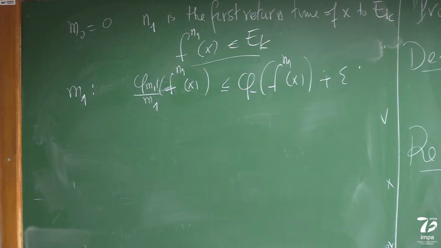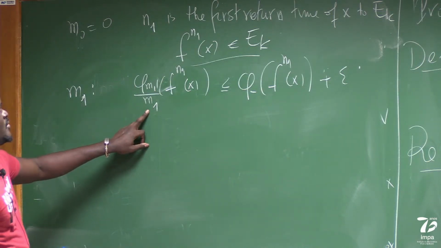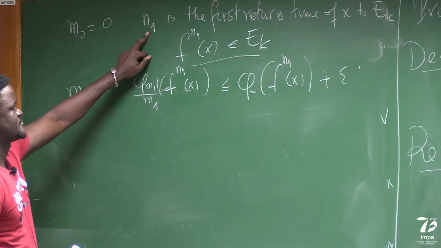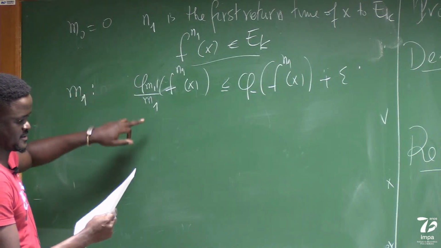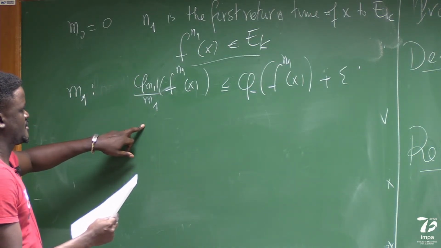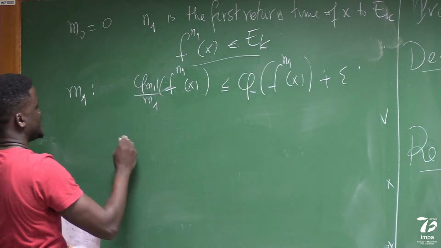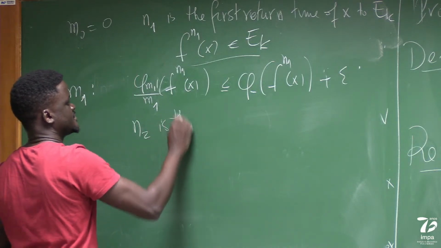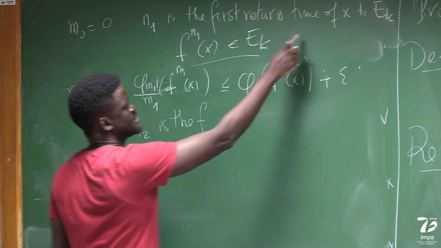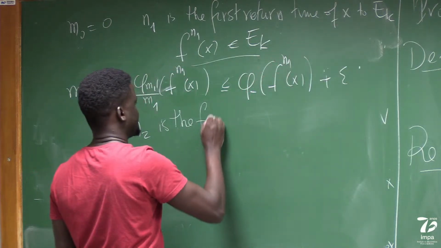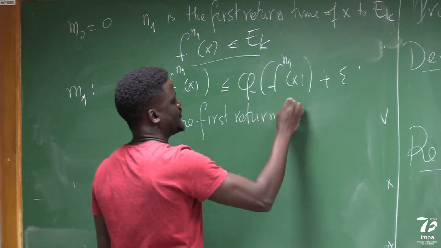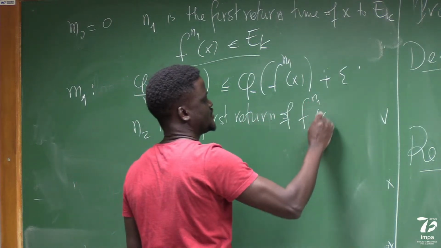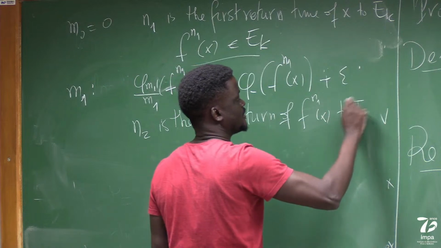Okay, but what happened is that now once we have M1, we define N2 to be the first return after M1. So N2 is the first return. So this was the first return of x, the first return of F^n1 x to E_k.